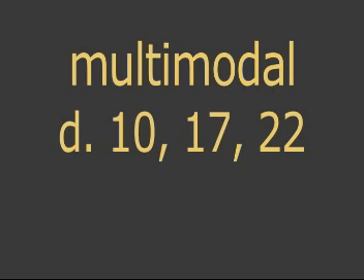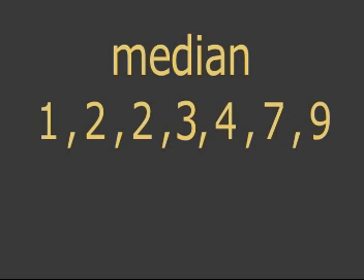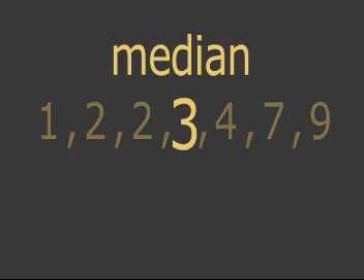Let us do some review. The mean is the total sum divided by number of values. The median is the middle value that separates the bigger and smaller halves of a data set. In this case, the number 3 is the median value.